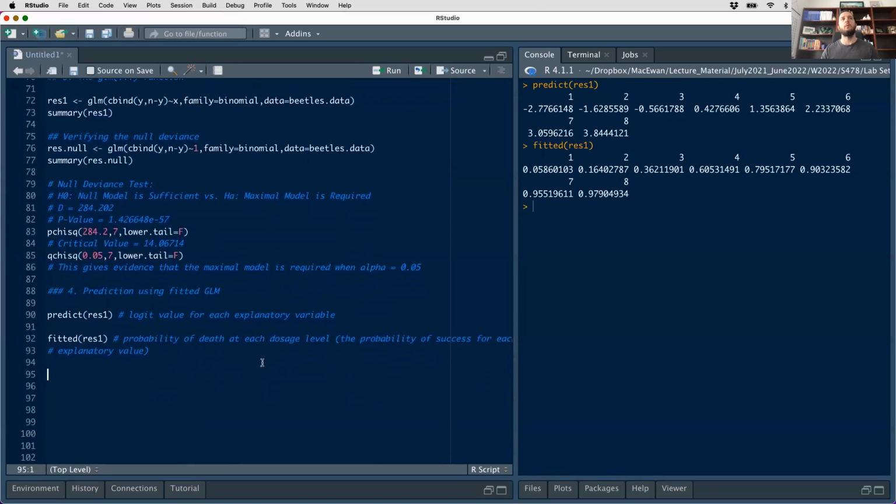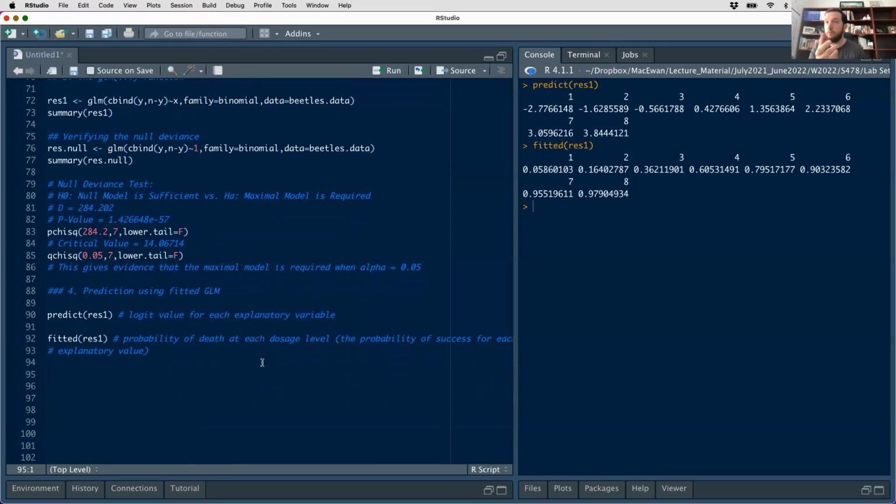Right. Now, the fitted value is giving you pi hat directly, whereas the predict is giving you y as it would be y via the link function. So in our case, the logit of pi directly.